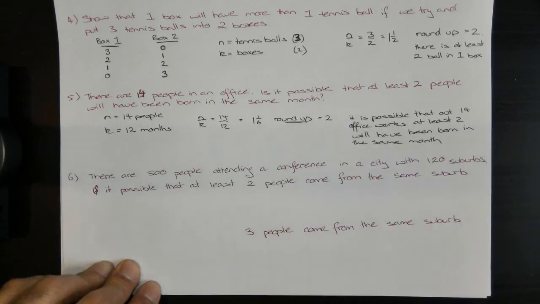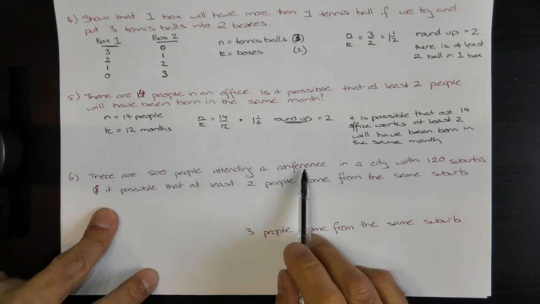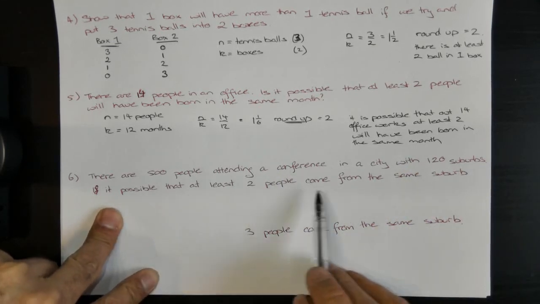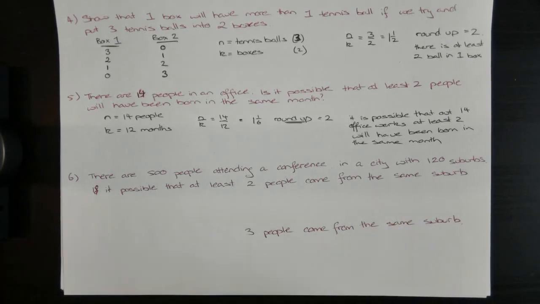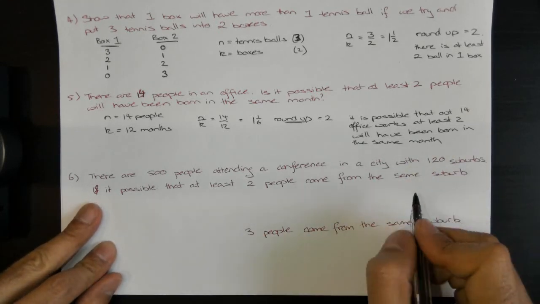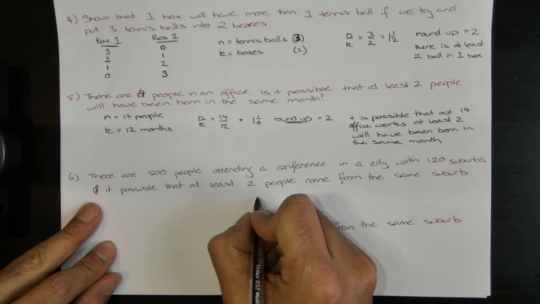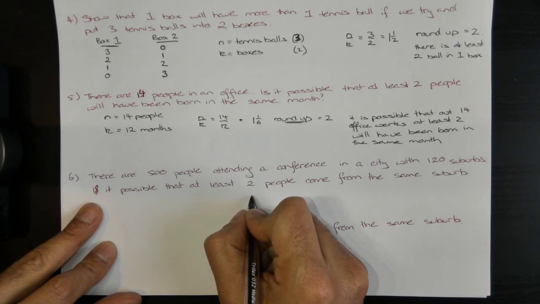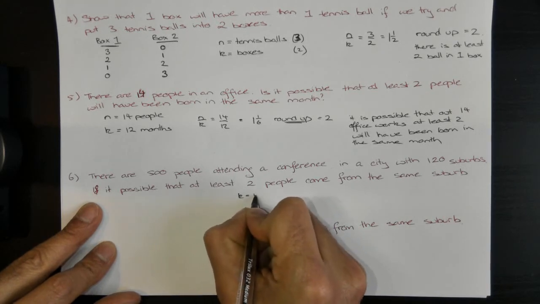Okay, question 6. There are 500 people attending a conference in a city with 120 suburbs. Is it possible that at least 2 people come from the same suburb, or if 3 people come from the same suburb? So, because there's 120 suburbs, the pigeonholes is 120.